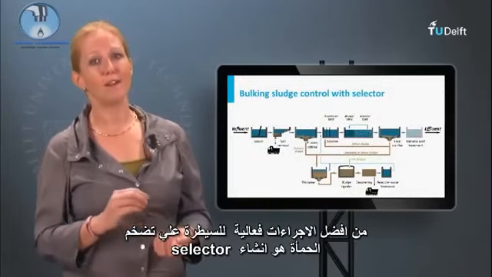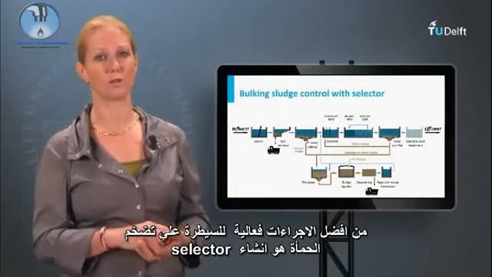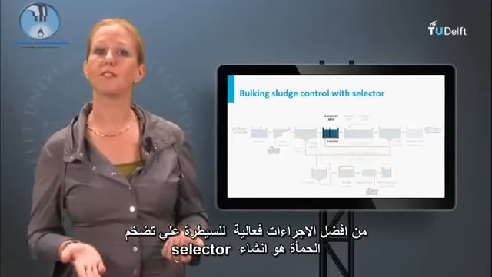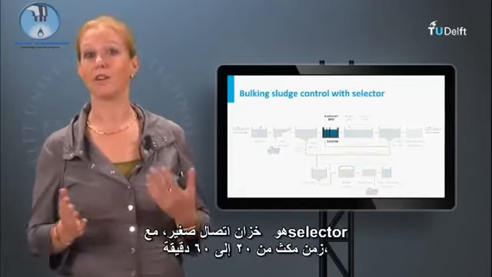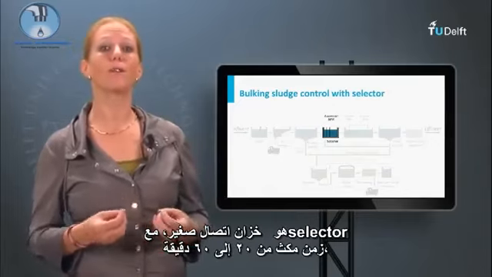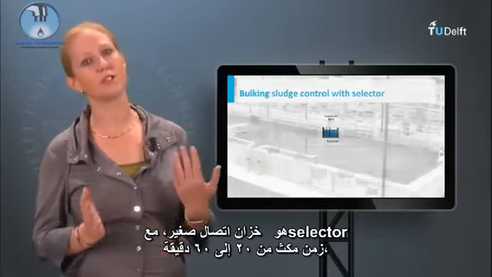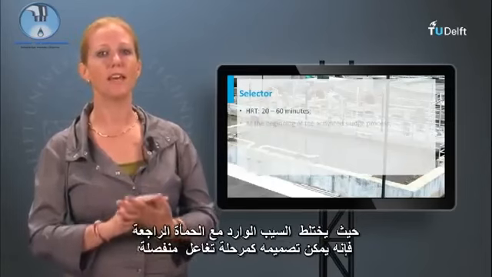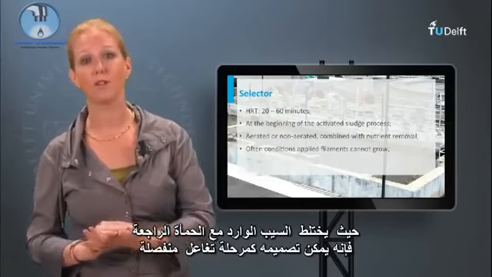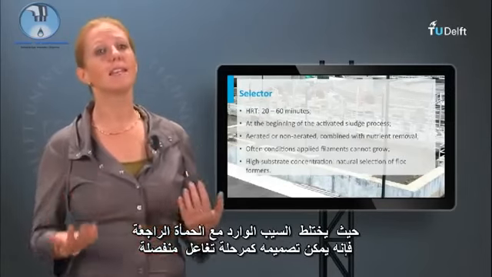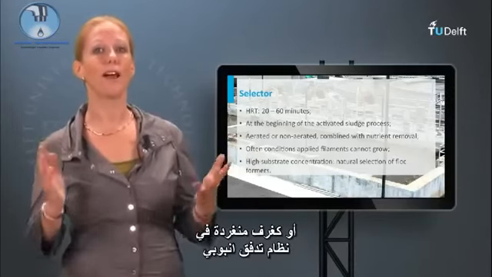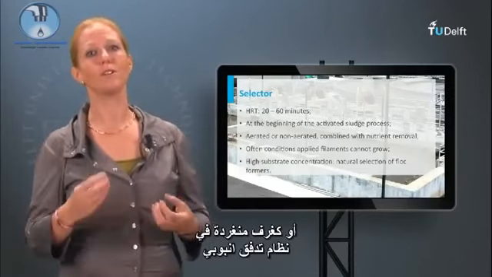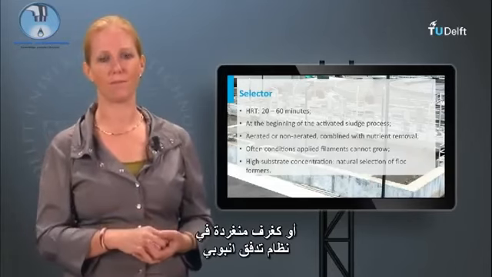A very effective measure in bulking sludge control is the introduction of a selector before the aeration tank. A selector is a small contact tank with a residence time of 20 to 60 minutes, in which the influent is mixed with the return sludge. It can be designed as a separate reaction stage or as an individual compartments of a plug flow system.